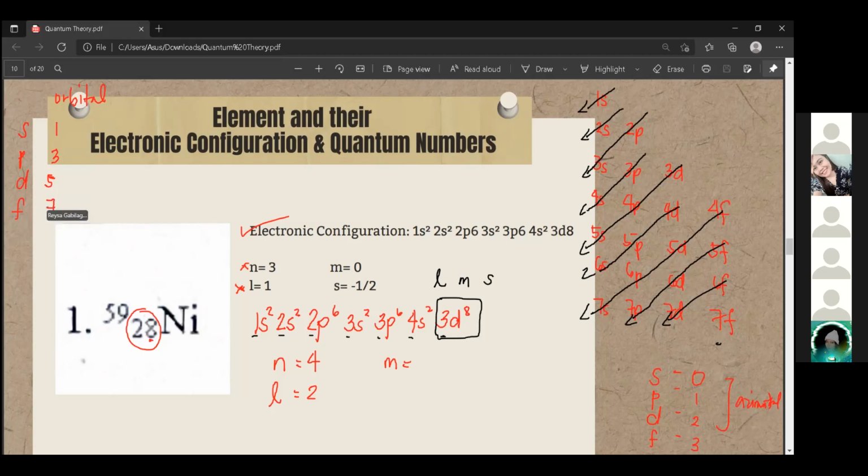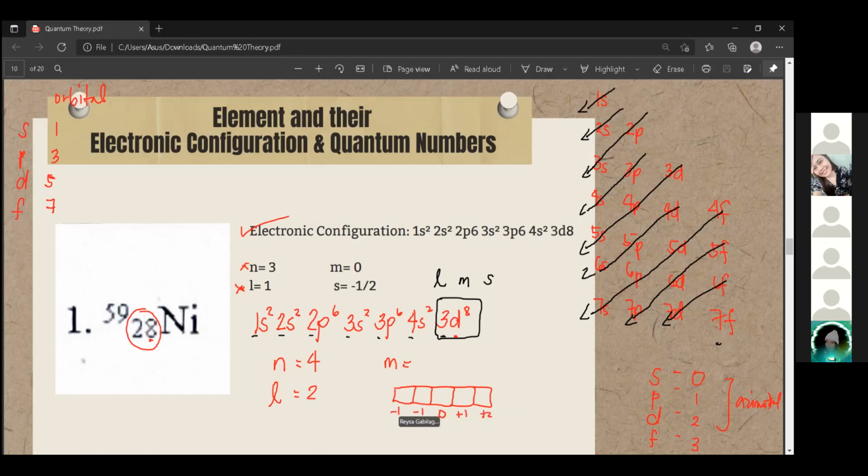Okay. So kung titingnan natin, the last configuration here is the D. So ang idodraw natin, class, is 5 orbitals, kasi it's a D. Tapos, locate natin yung mga numbers nila. Di ba sabi ko, you'll start with 0, and then on the right, positive. On the left, negative. Okay?